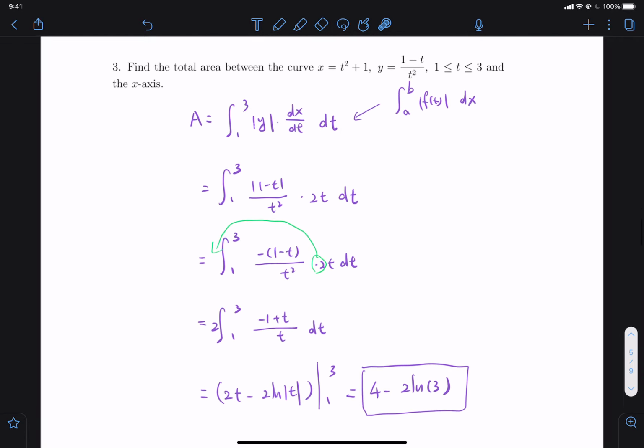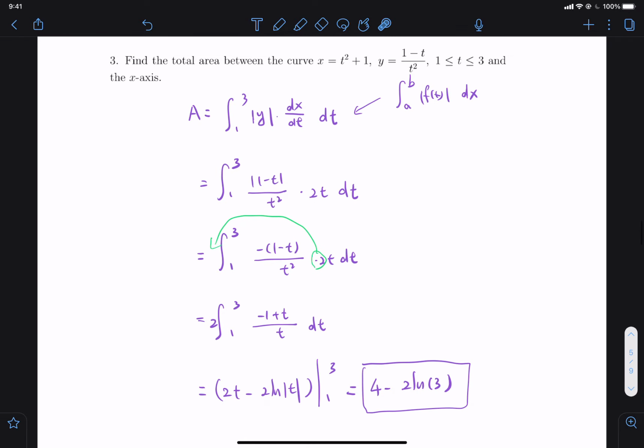And now let's move on to the third question. Find the total area between the curve and the x-axis. Okay, so that is nothing more than doing the definite integral, right? So to figure out the area, we know we need to take the definite integral from a to b of the absolute value of this function dx, right?